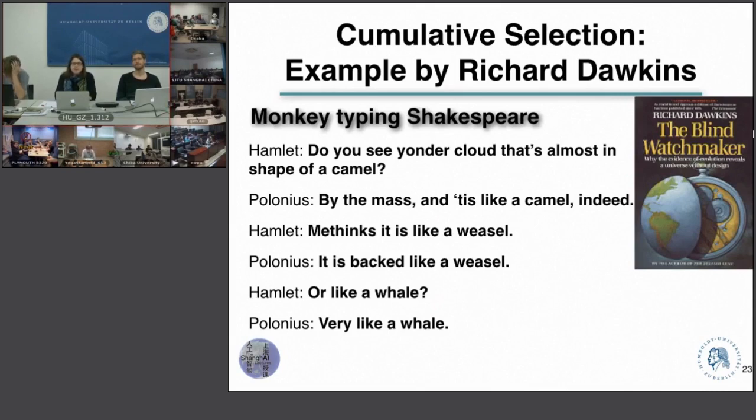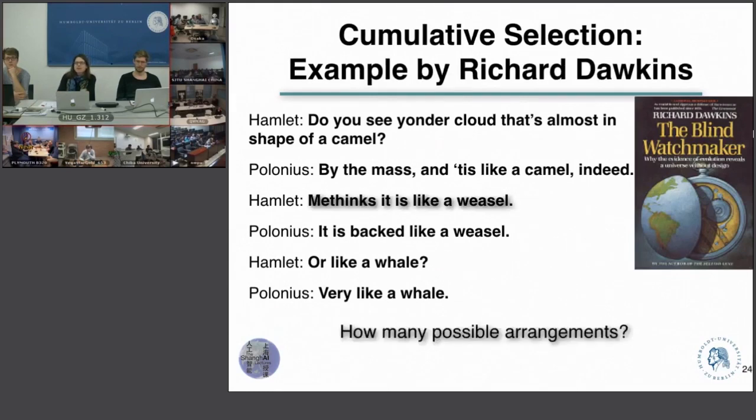And to make things a bit more simple, we don't take the whole Hamlet piece. We just take a particular sentence from a particular scene. That's Hamlet's dialogue with Polonius in some Old English spelling. So take the sentence in the middle here, where Hamlet says, "Methinks it is like a weasel."